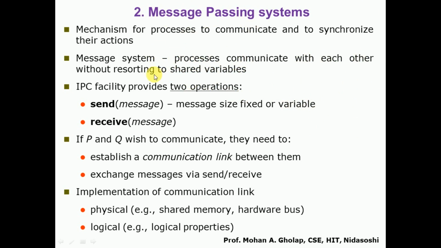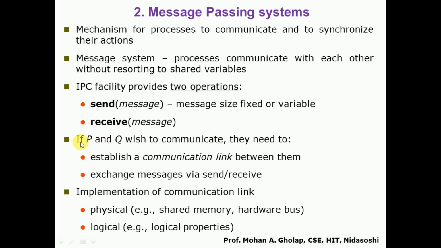Again, when you want to have this IPC facility using the message passing technique, we have two operations, that is send and receive. When you call send of message, the message will be sent. Receive of message means the message will be received. The message may be of fixed size or variable size, depending on the implementation.